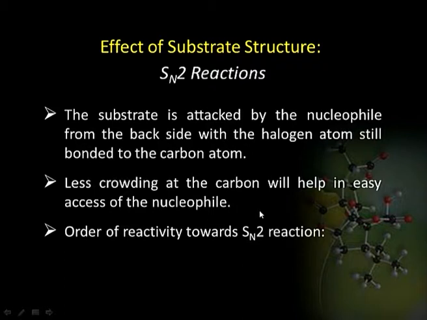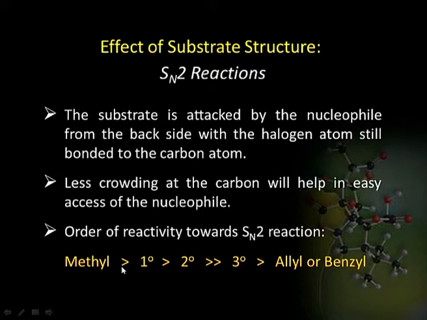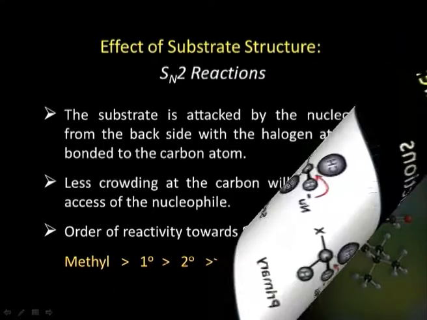The order of reactivity towards SN2 reaction is that the methyl halide is most reactive, followed by a primary halide, followed by a secondary, which is much more reactive than a tertiary, and which is more reactive than the allyl or benzyl halides.